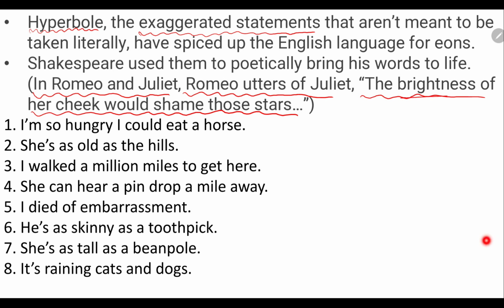So the brightness of Juliet is compared with the brightness of the stars, and Romeo is saying that her brightness is more than that of the stars, such that the stars would feel shame. So here the exaggeration of the beauty of Juliet is expressed in this exaggerated statement.